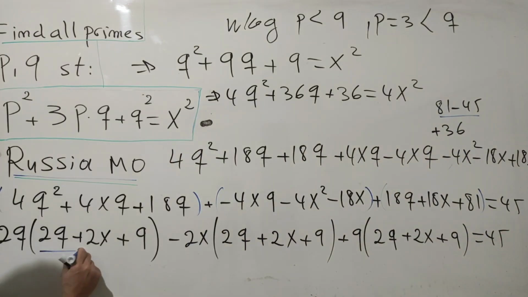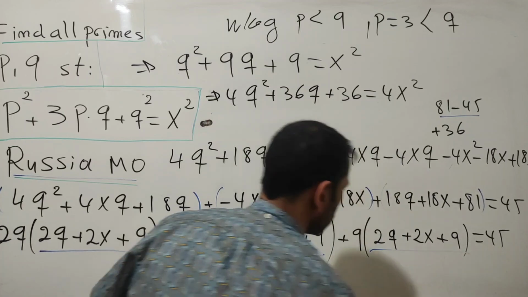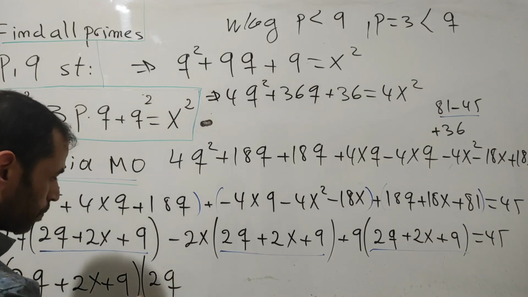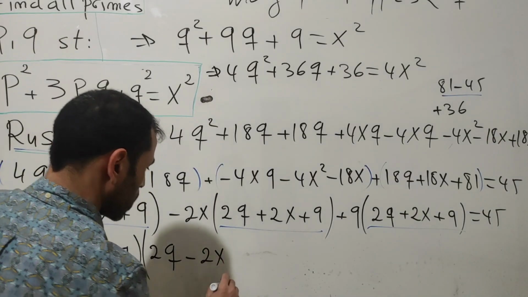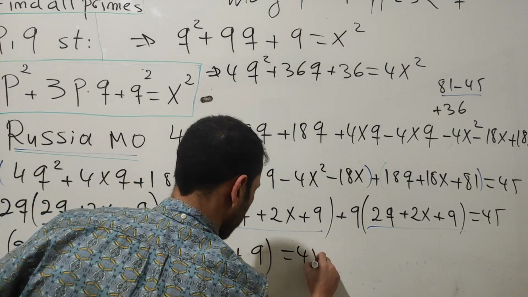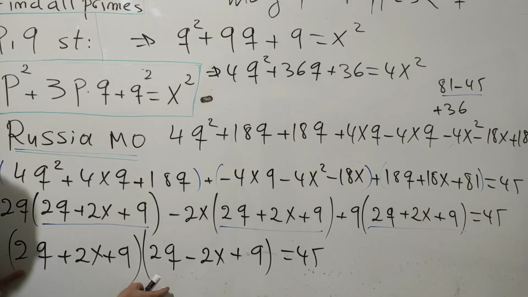We get 2q plus 2x plus 9 in each term, so I'm going to take it as a common factor. So I will have 2q plus 2x plus 9 multiplied by the first term, which is 2q, minus 2x as the second term, plus the number 9 as the last term, which equals 45. Now we have ended with a nice product, which equals 45.